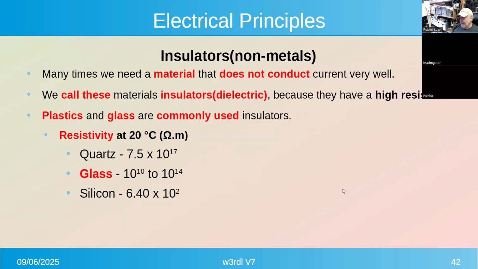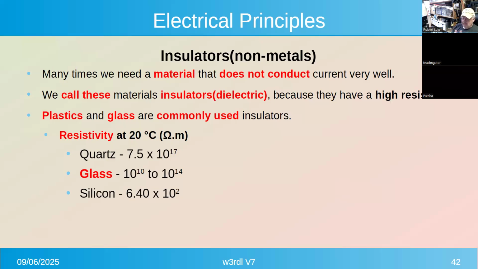Insulators, which we talked about, are the non-metals, which basically do not conduct. Plastic and glass are the most commonly used. If you look at your power lines along the road and you see those little disc things all stacked up, typically those are actually made out of glass, even now.